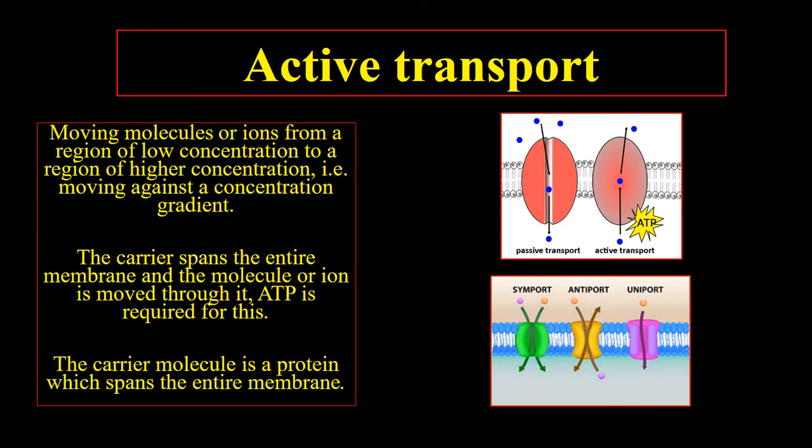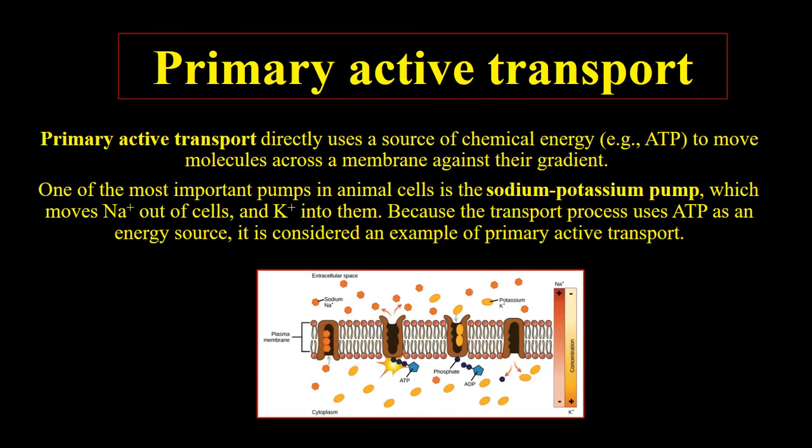Secondary active transport, or in other words, co-transport, uses an electrochemical gradient generated by active transport as an energy source to move molecules against their gradient, and thus does not directly require a chemical source of energy such as ATP. Let's talk about primary and secondary active transport in detail.